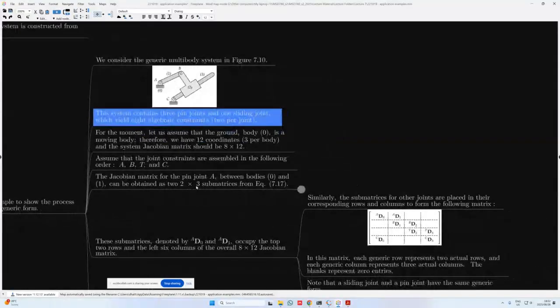Now, the Jacobian matrix for the pin joint A between bodies 0 and 1 can then be obtained as 2 2x3 submatrices from equation 7.17. If I expand over here, you'll remember that 7.17 considered the Jacobian of the system.